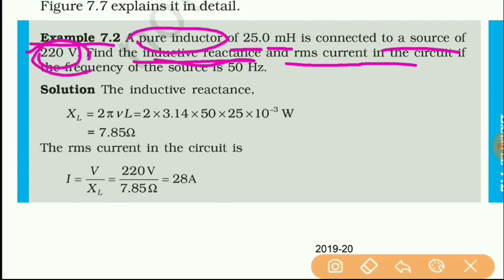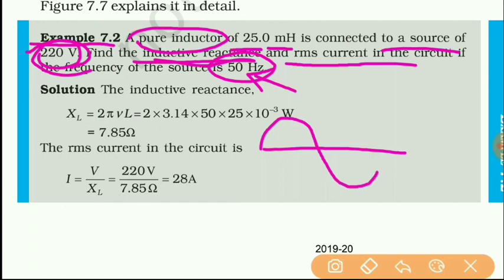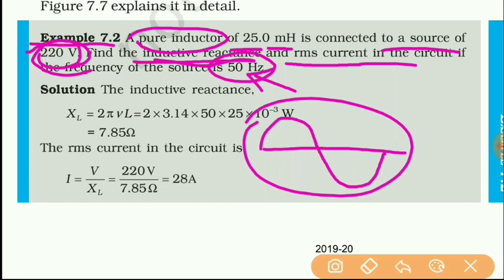Frequency of this source voltage is given 50 Hz. Students, frequency 50 Hz means in 1 second it completes 50 cycles.